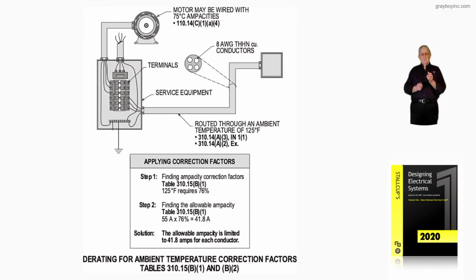And the section that requires us to do this is 310.14A3, informational note 1, item 2, calculating the load. Since it's a branch circuit, we're using 210.19A1. If it was a feeder circuit, then we would use 215.2A1A. But we're just calculating the load there at the 125% rule.